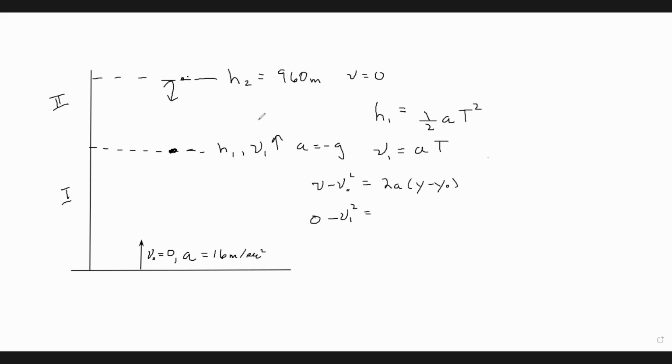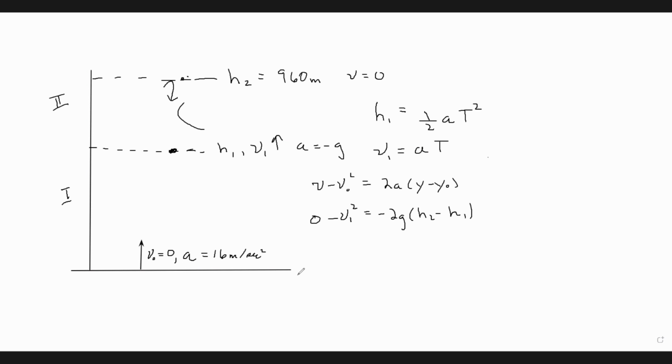Now, A in this regime is minus g. So that becomes minus 2g, and we have h2 minus h1.